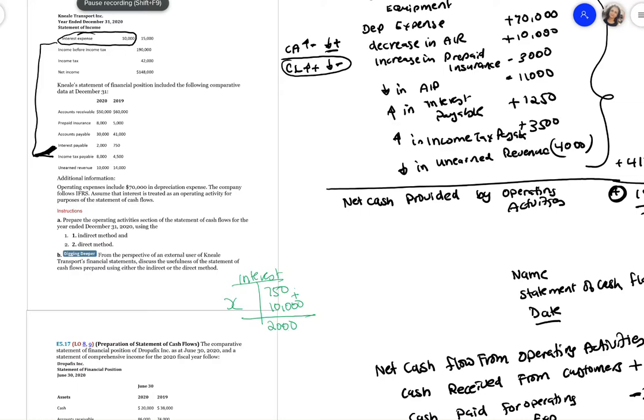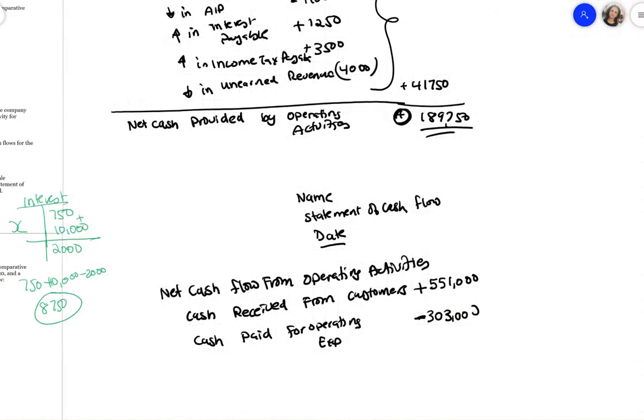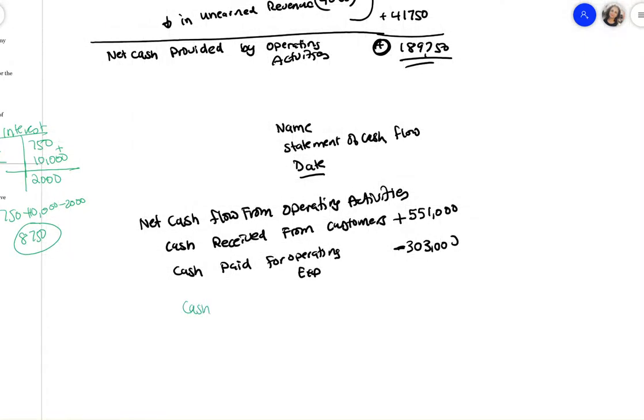That will tell you how much cash we paid for the interest, and that should come up to 8,750. So we paid cash for it. So the cash paid for interest expense will be 8,750. That's the cash we paid.